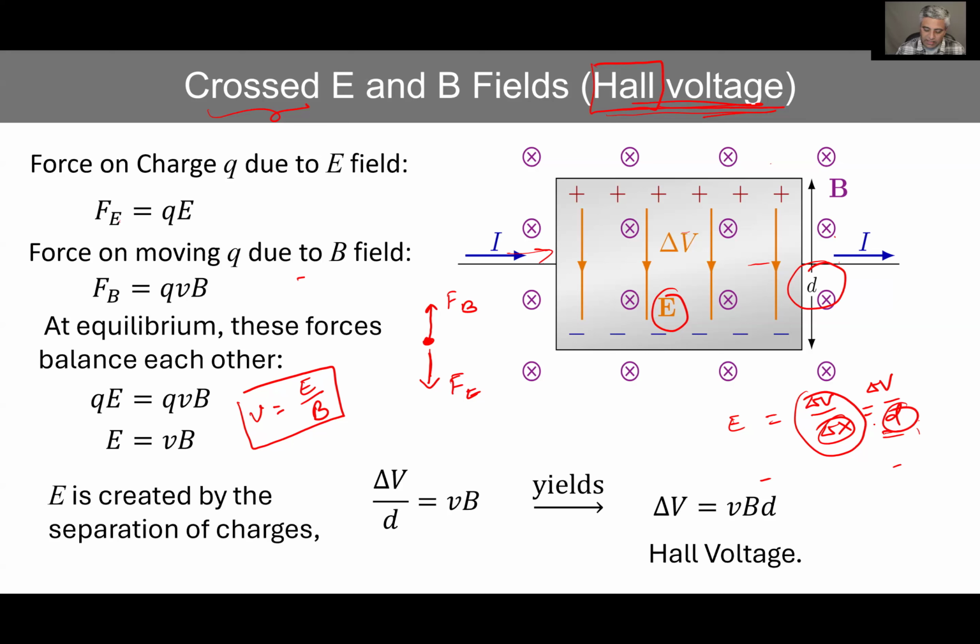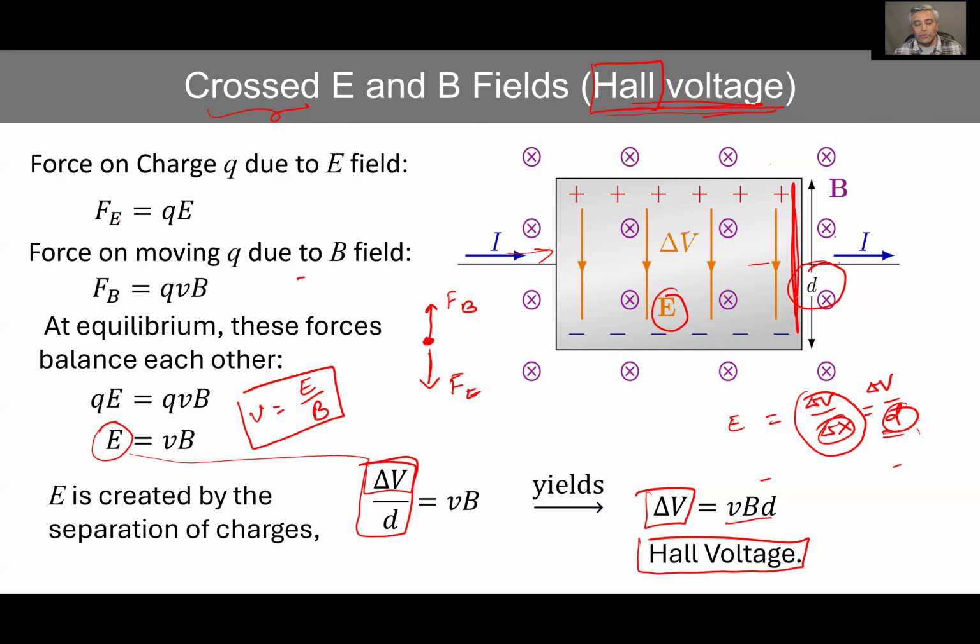So I can replace this E by delta V over D, and solve for delta V. This delta V is called Hall voltage, and it is the product of velocity, strength of the magnetic field, and the separation distance between the charges, which turns out to be equal to the diameter or width of the conductor. Okay.